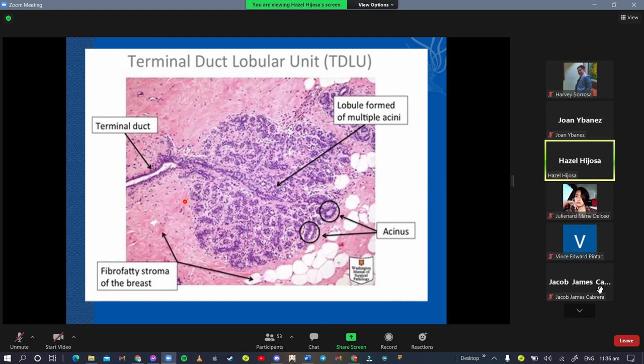Now, this sinus will divide repeatedly to form the terminal ducts that will open into a lobule, which is composed of multiple acini or ductules. The terminal ducts with their associated lobule form the terminal duct lobular units. This is seen in a lactating mammary gland.